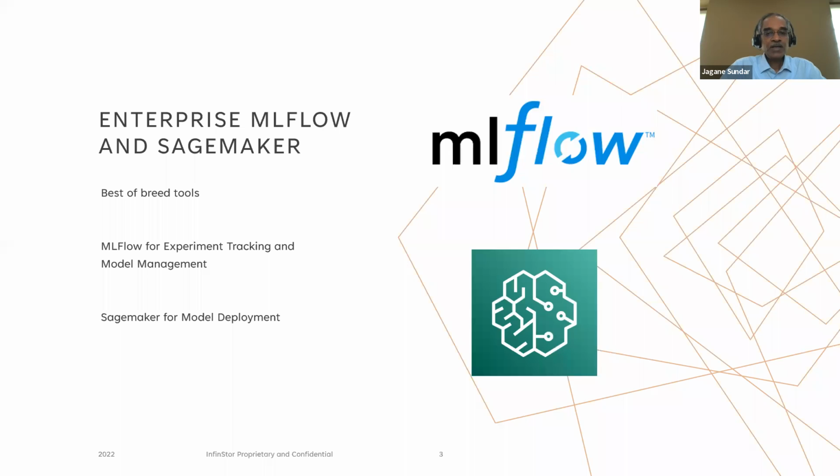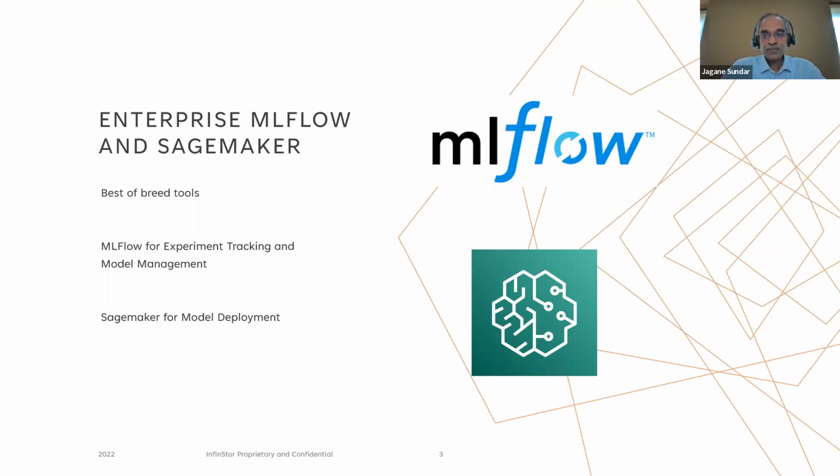There are certain capabilities that are mostly available only in the enterprise versions of MLflow. We'll talk about those. We'll also talk about what's available in open source, which is a very useful piece of software. And finally, SageMaker is Amazon's suite of tools for machine learning. It's an outstanding suite of tools, and its integration with MLflow is a particular topic of discussion today.